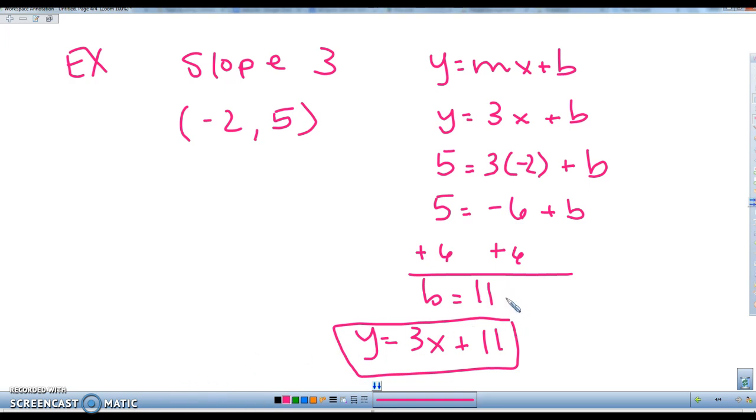So I should have gotten y equals 3x plus 11.